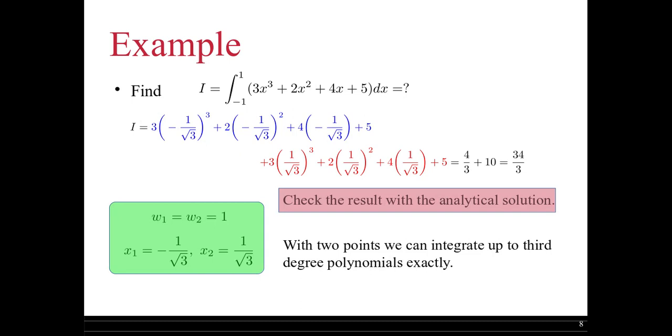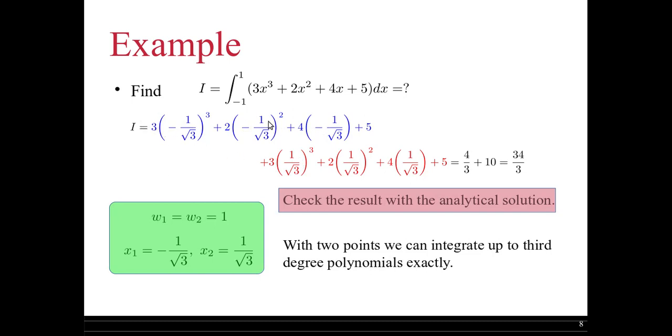Okay, so now I can write, the weights are 1, so this is 1 multiplied by the function at x1 plus 1 multiplied by the function at x2.